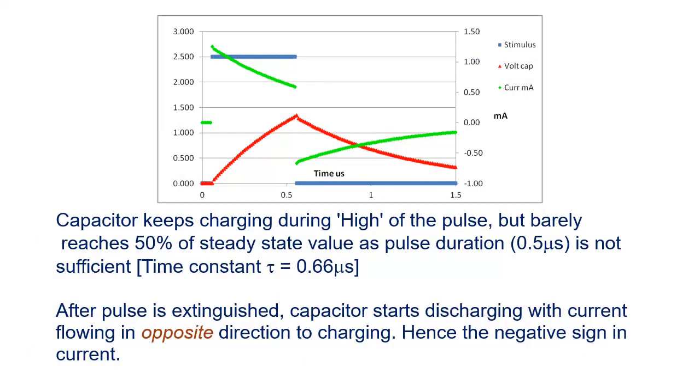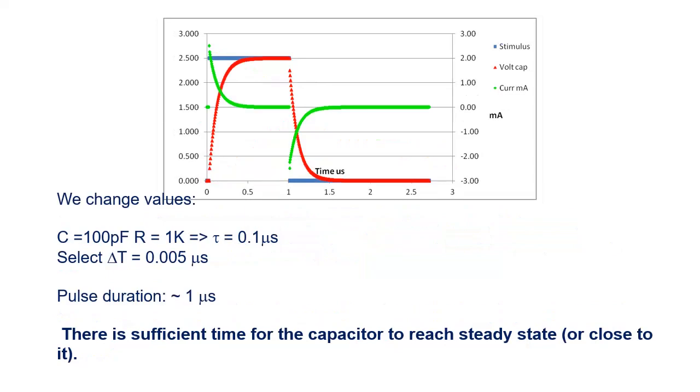Example of a pulse with duration less than the circuit time constant. Example of a pulse with duration significantly greater than the circuit time constant.